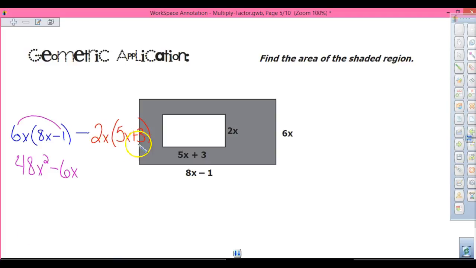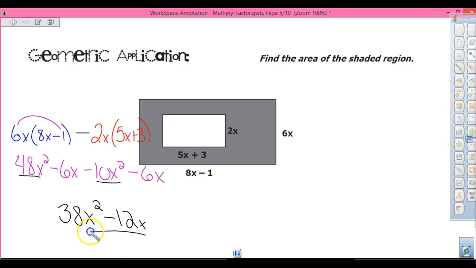And then I come over here and I distribute this one, I get minus 10x squared, ooh, careful, minus. 48x squared minus 10x squared gives me 38x squared minus 12x, yep. And that would be my area.